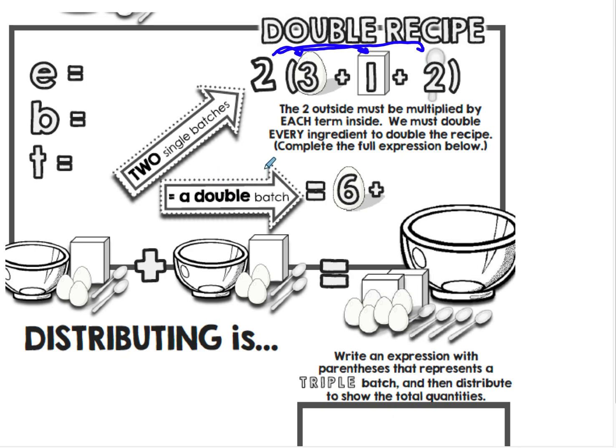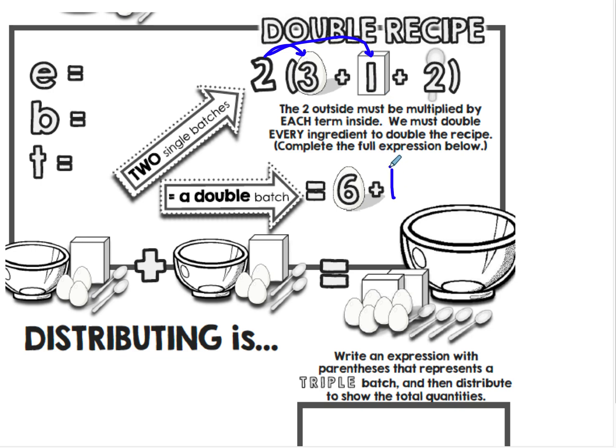Okay, so on my double batch, I'm going to erase what I've written so I can just write it for each step as I go. I'm going to start by doing 2 times 3. That's going to be 6 eggs total. So here I have 6 eggs. Now I'm going to do the 2 times the 1 box mix. 2 times 1 is 2.